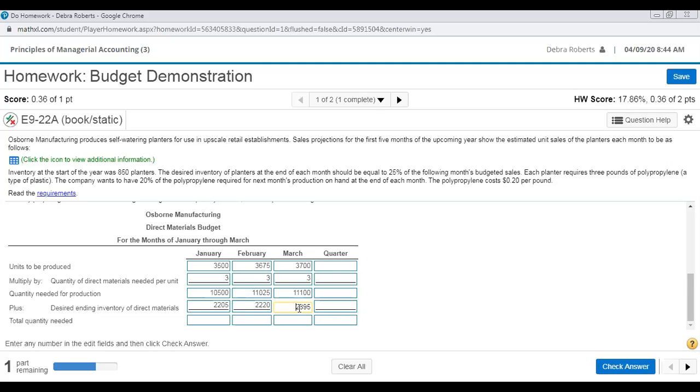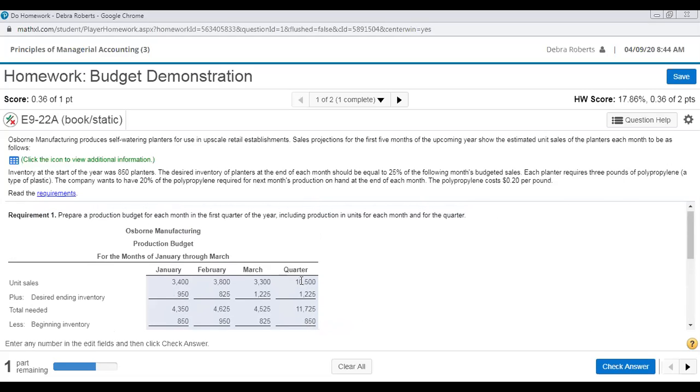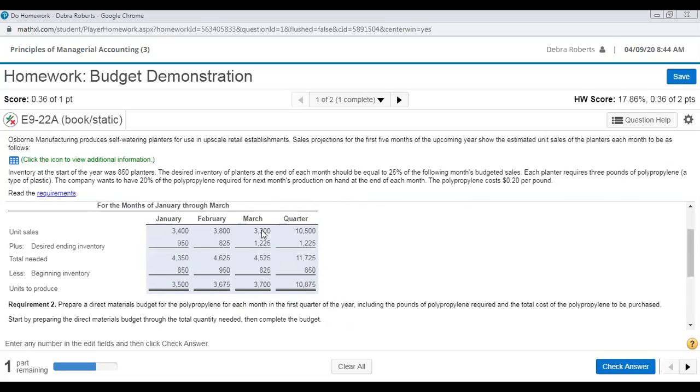All right, now let me talk about this for a second before I go any further. Because we are taking the next month and using the ending inventory, when we're dealing with March, we have to go to April, but we need to go back to April and compute all of this. So what I did on the Excel spreadsheet was make the calculation for April as if I was asked for April.